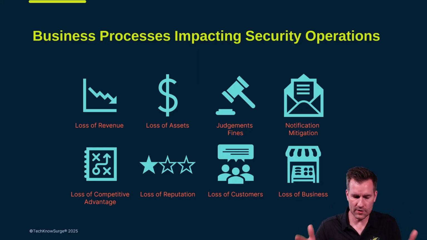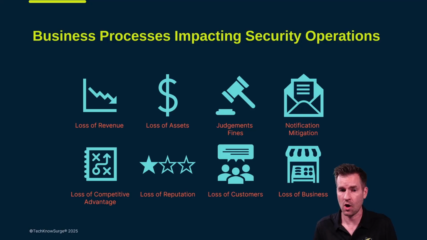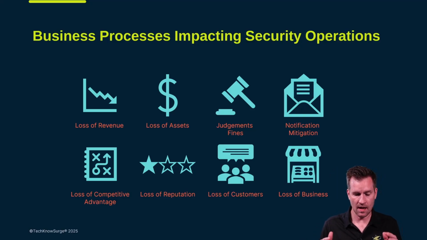All right, before we jump in, let's just talk about some of the impact that a security issue would have on the business. It could have loss of revenue, loss of assets, judgments, fines, notifications and mitigations, loss of competitive advantage. Even more importantly, it could be a loss of reputation, loss of customers, and even up to loss of businesses.